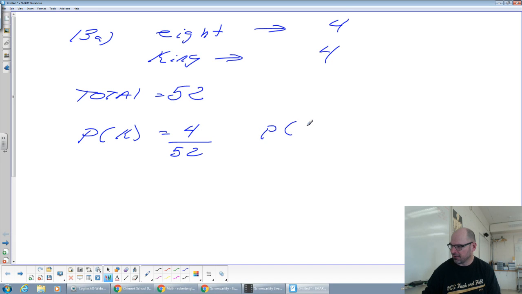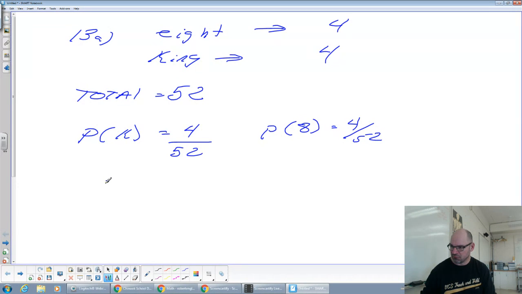Probability of an 8 is 4 out of 52. So for the probability of both of them, now there is no overlap, so you don't have to subtract anything. There are no cards that are both 8s and kings, so you don't have to count them twice.